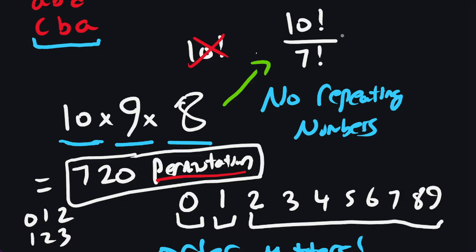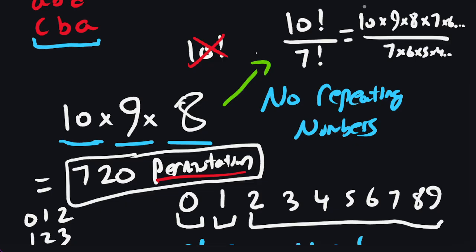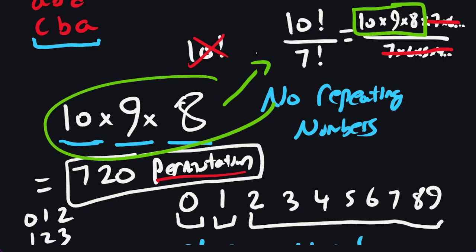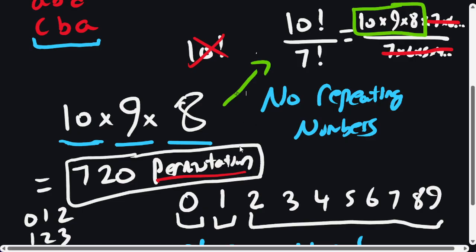Because again, 10 factorial is 10 times 9 times 8 times 7 times 6 ..., and then 7 factorial is 7 times 6 times 5 times 4 ... The 7 times 6 times 5 times 4 in the numerator cancels out with all those in the denominator, and we're just left with 10 times 9 times 8 in the numerator. So what we have right here is actually just 10 factorial divided by 7 factorial, and that's the general formula for permutations.